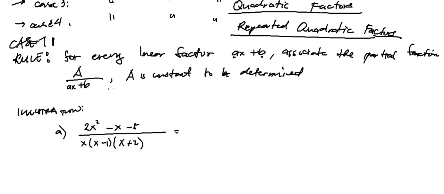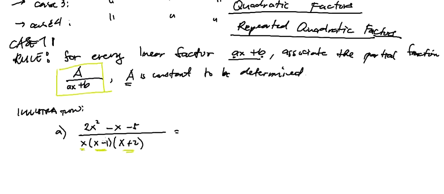So according to our rule, for every linear factor of the form ax plus b, we have 3 factors. Each is associated with a partial fraction in this form, wherein the numerator A here is the constant to be determined.